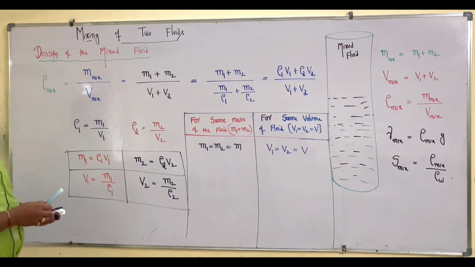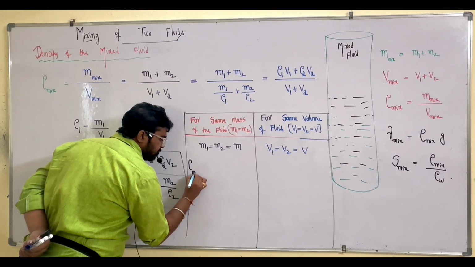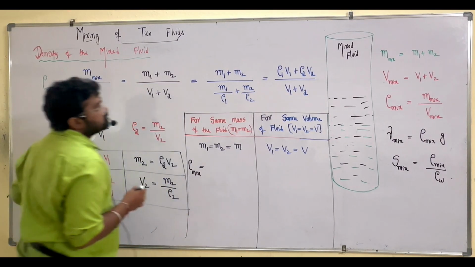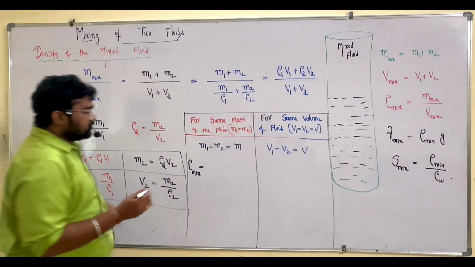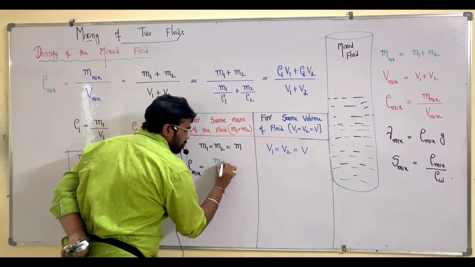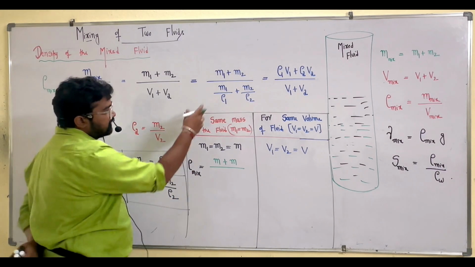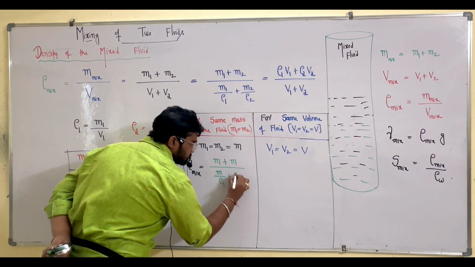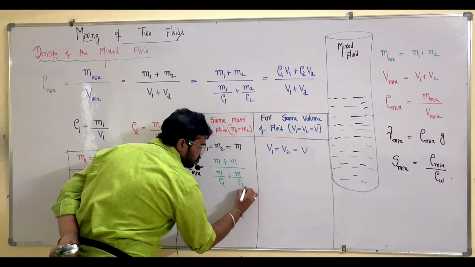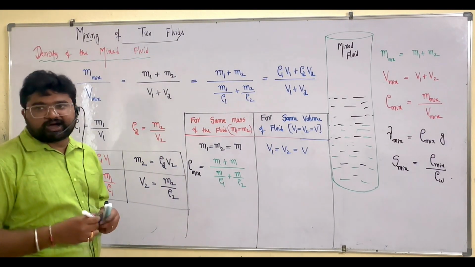Now density of the mixture can be written as, tell me, what can we write in place of M? In place of M1 and M2, M, right? Below, in place of V1, M by rho 1 plus M by rho 2, all M gets cancelled out.